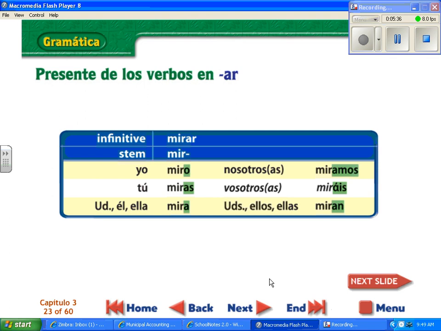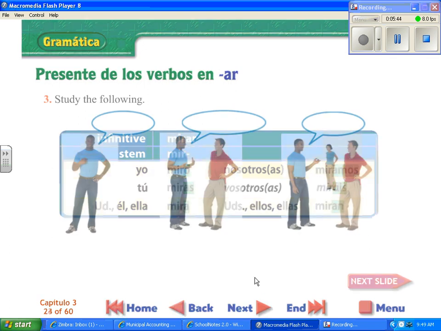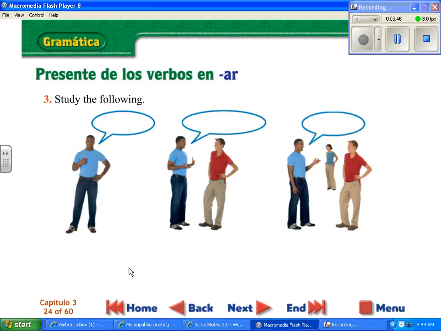It is very important to memorize the verb endings for every person in the singular and plural forms. If you want to talk about yourself, you say, hablo español.